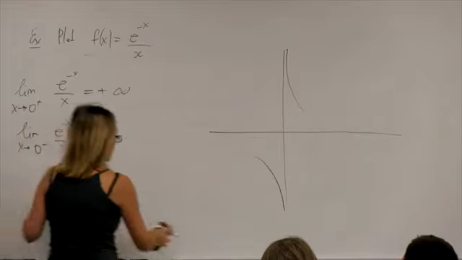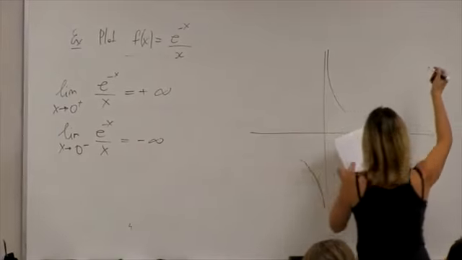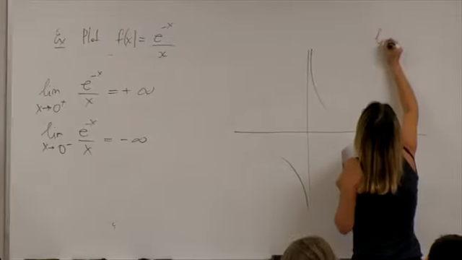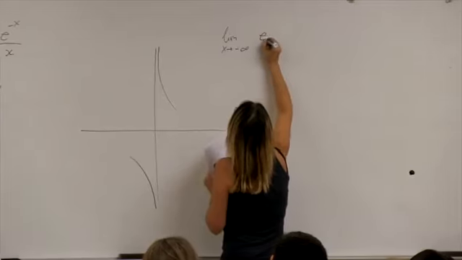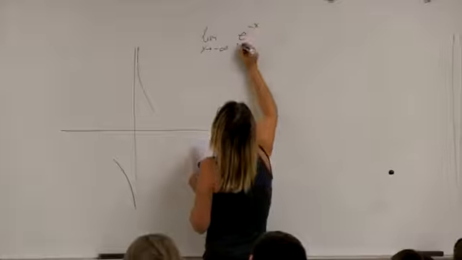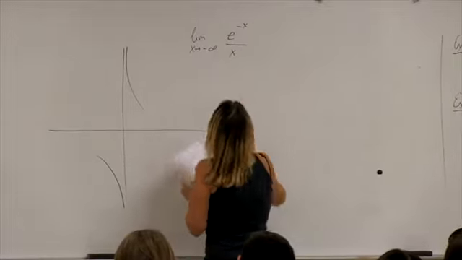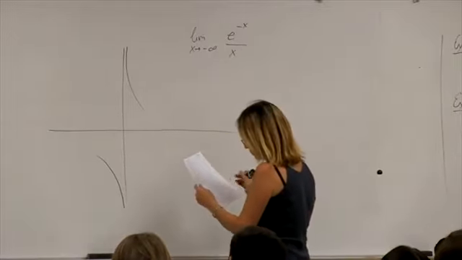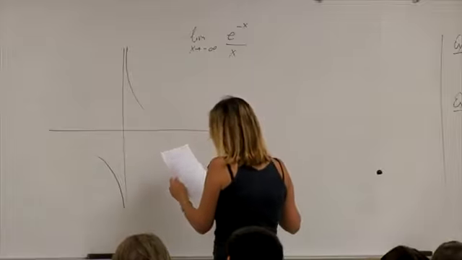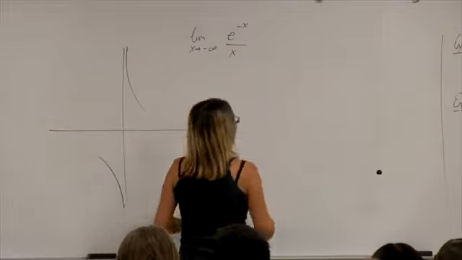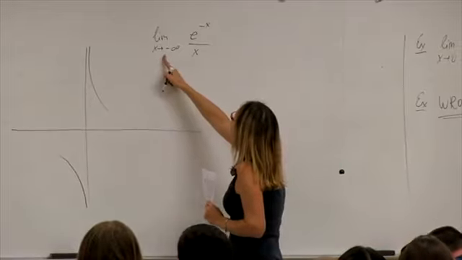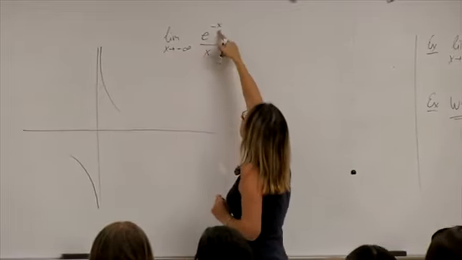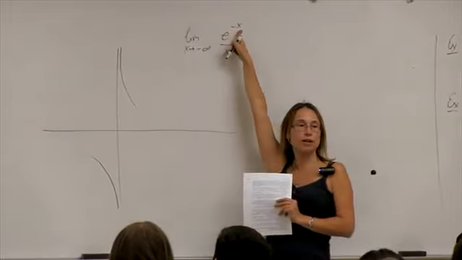I need to know the plus and minus infinity limit. So limit as x goes to minus infinity, e to the minus x over x. So now we can see that we have an indeterminate form. Why? Because when x is negative and it goes to infinity, minus x is positive and it's going to infinity.